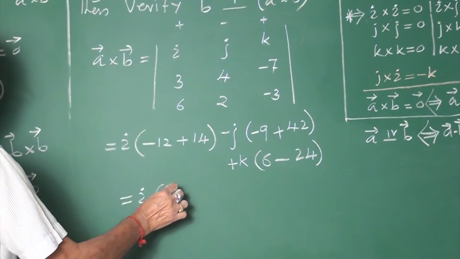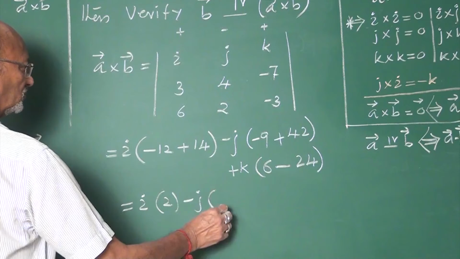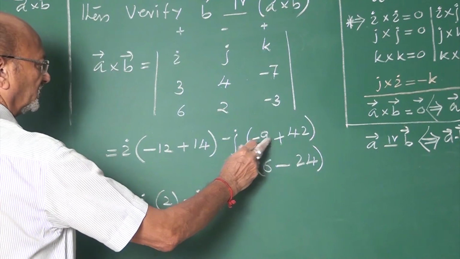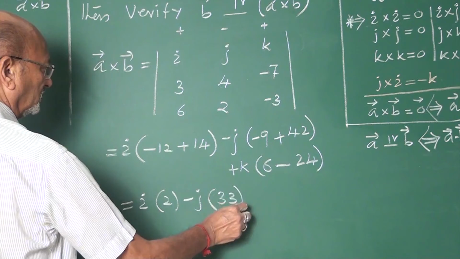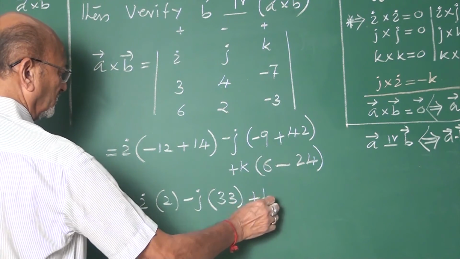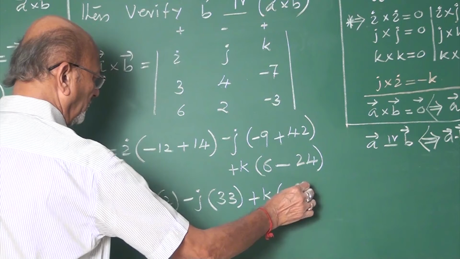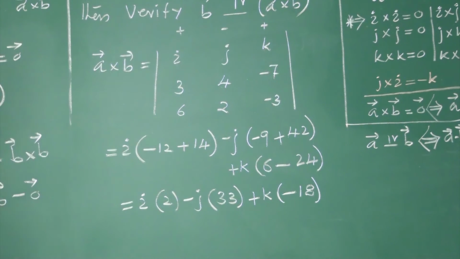It is i into 2, minus j into 9 plus 24, which is 33. Plus k into minus 18.